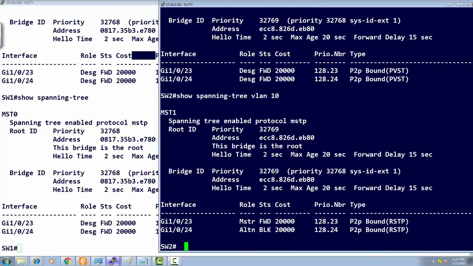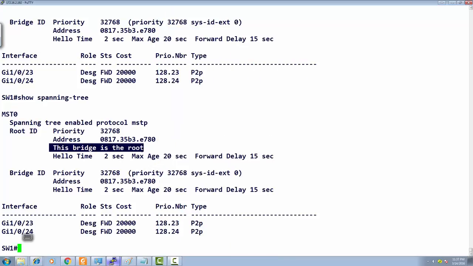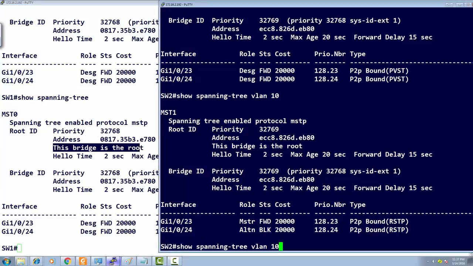So here it is, and if I go back to this guy to check what's going on, you see that it's saying I'm running RSTP. Now that's another interesting observation. There are two observations, right? For MST0, this switch is the root, and for MST1, he is claiming he is the root.